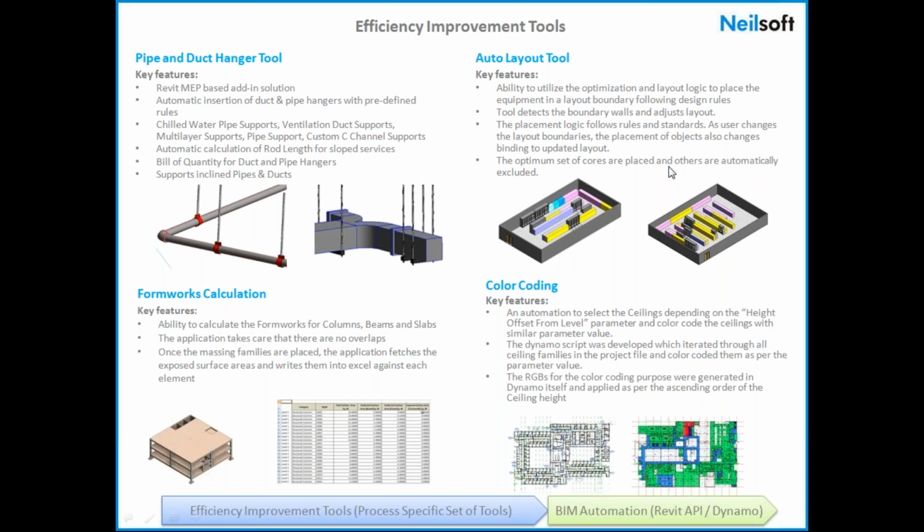Or the other tool I can see here, on the right hand top, is the auto layout tool. Typically, where we have a layouting mechanism or logic that has been built, we have to do more like a generative design, where based on a certain area we want to place equipment or furniture items or any other items that are required.